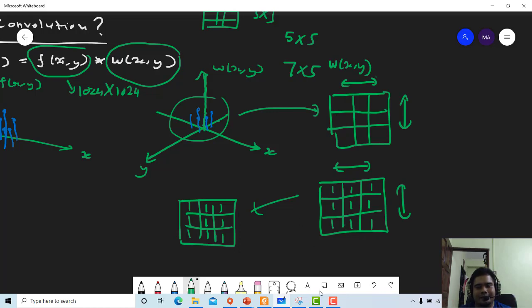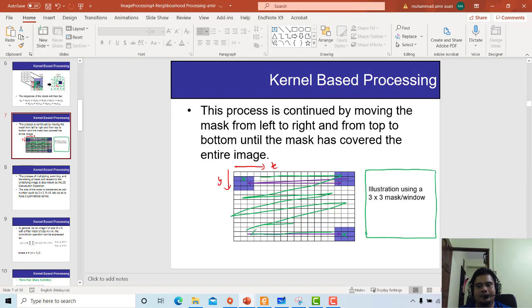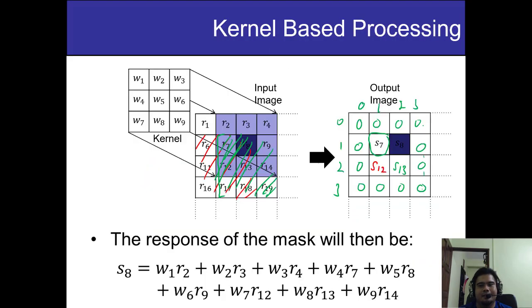We don't discuss the flipping process in this operation because this window is always symmetrical. If you flip it, you still get the same structure or values. So that's why we skip the flipping operation. We directly take the values and do a sliding process over the entire image.